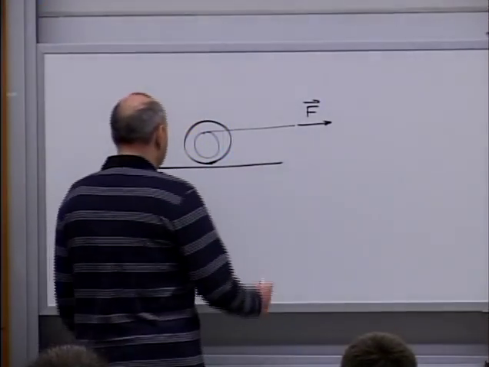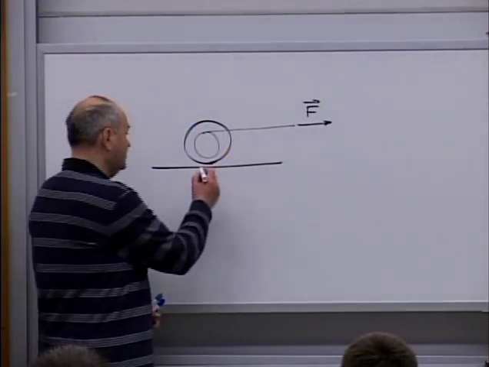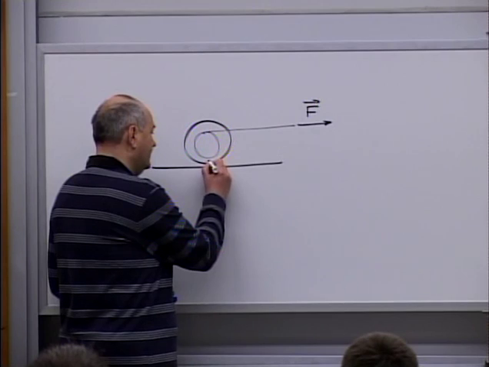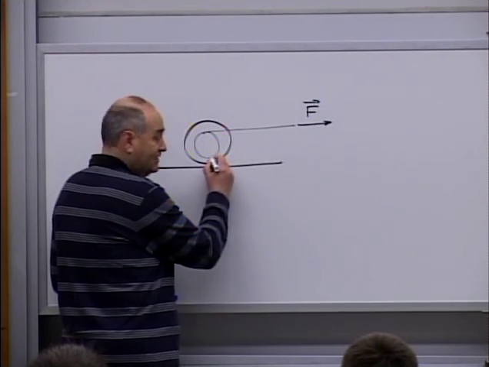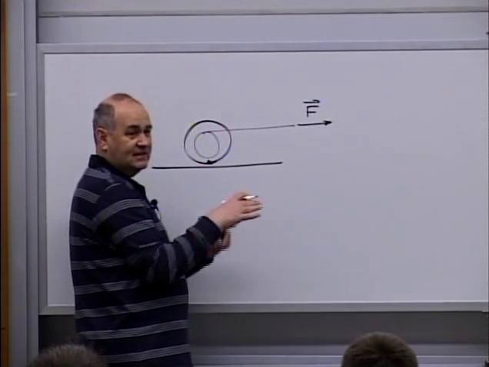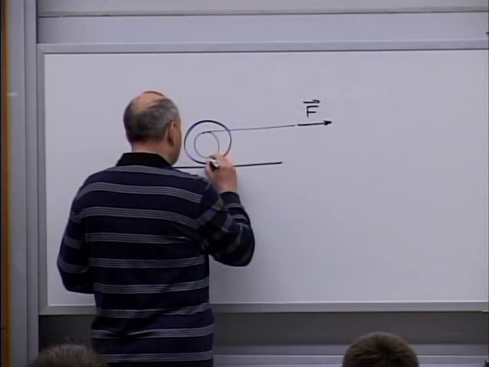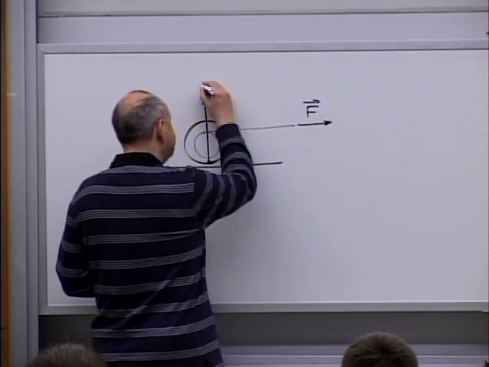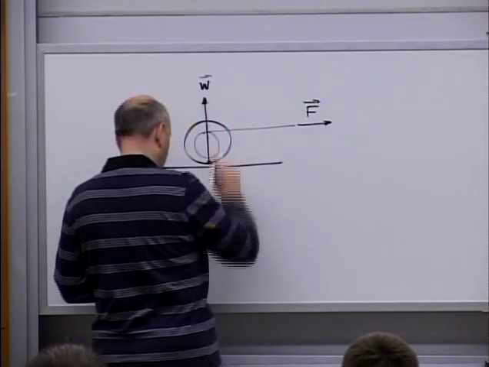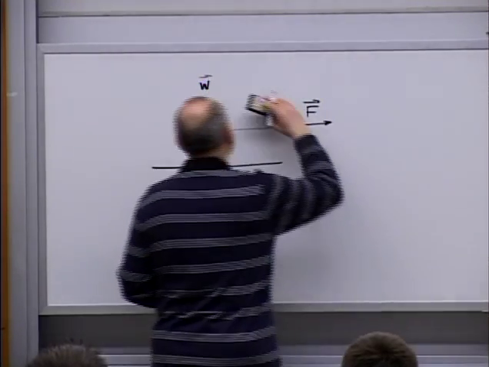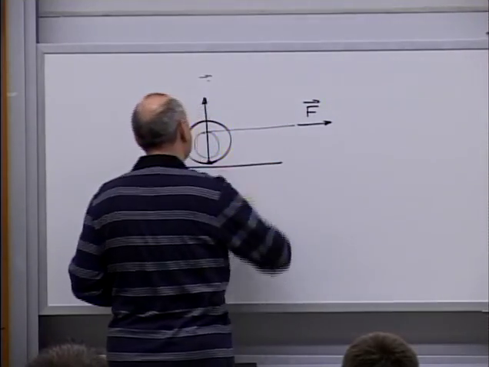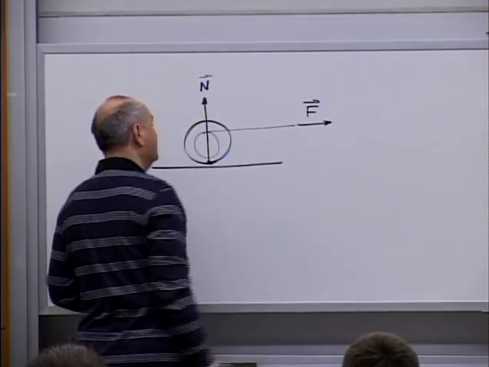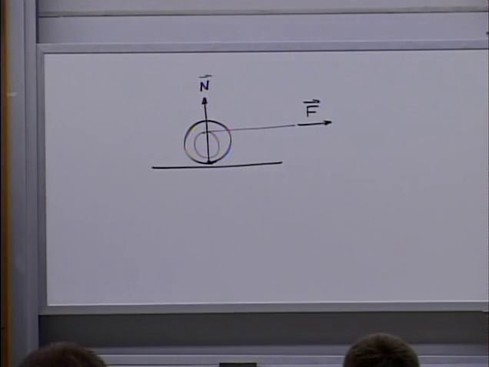There is a normal force, right? And normal force is exerted by the table, so it is at this point, right? And it touches practically with one point, so there is one particle on which that normal force is exerted. Okay, what else?